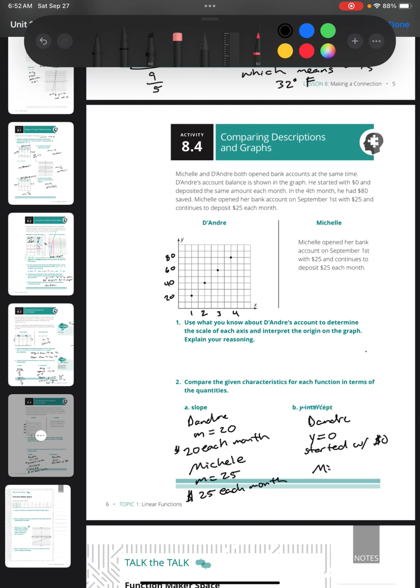But Michelle has a y-intercept of 25 because she started with an initial amount in her account of $25. So her graph would start, if we were looking at the graph compared to DeAndre's, I'm going to put a red dot where it is, up here, compared to where DeAndre's is starting down there.